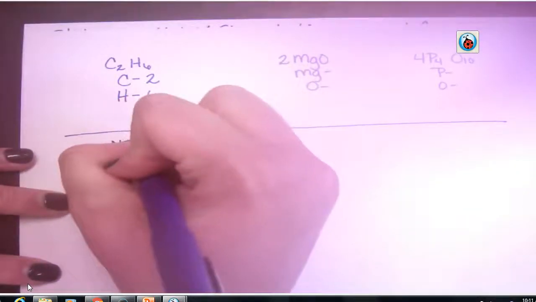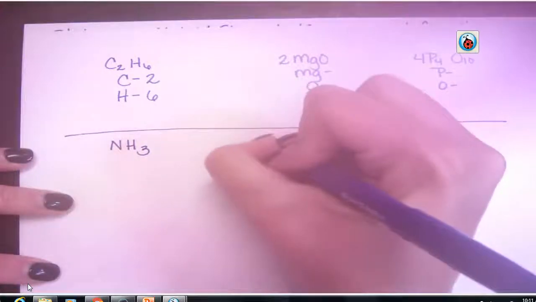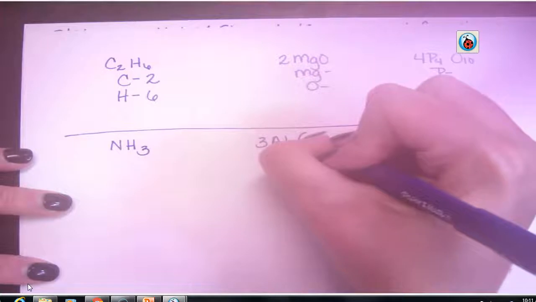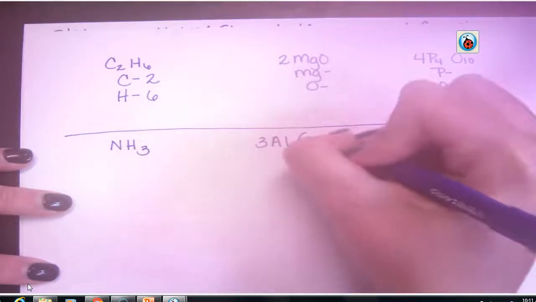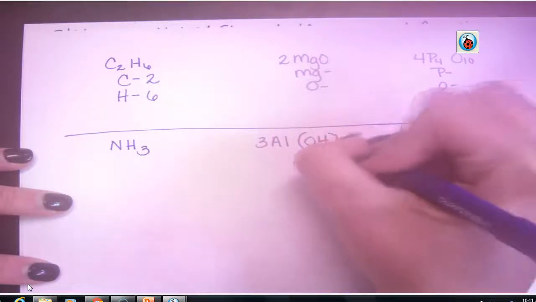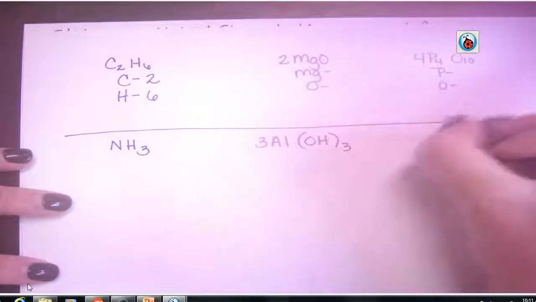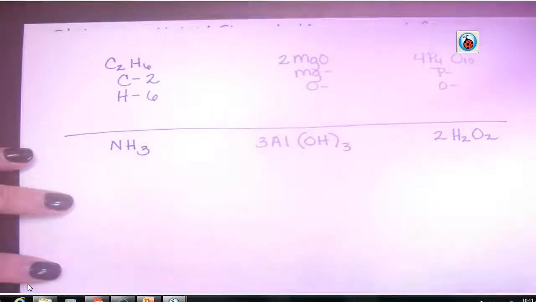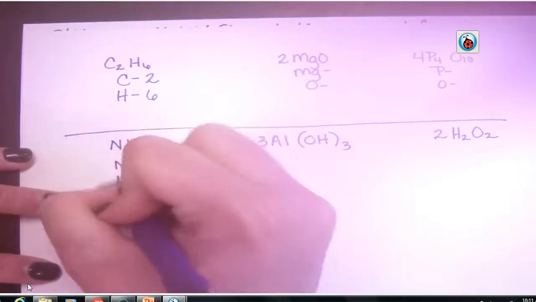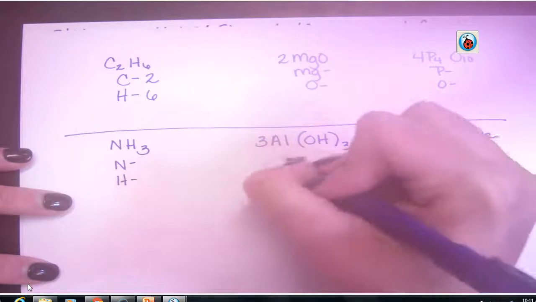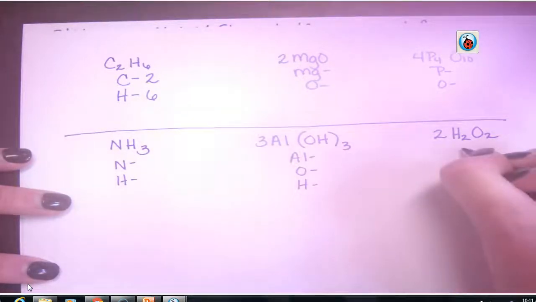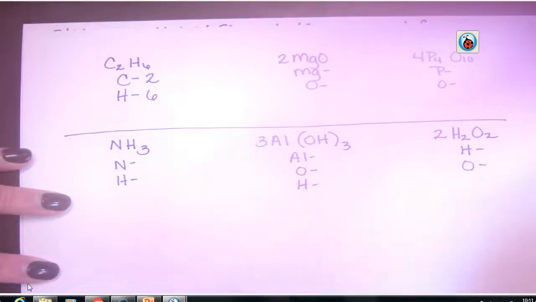NH3, 3Al, parentheses. Remember, it's just like math. Everything you do to the outside, to the inside of the parentheses has to be the same. And you're going to make a list: N, H, Al, O, H, and count up how many atoms are in each one of those.